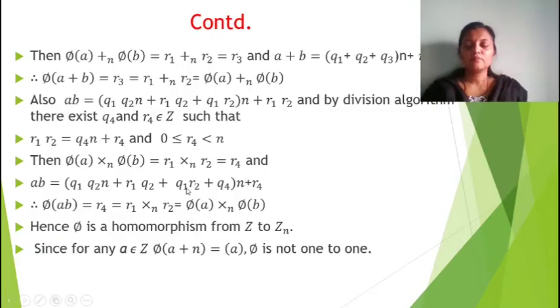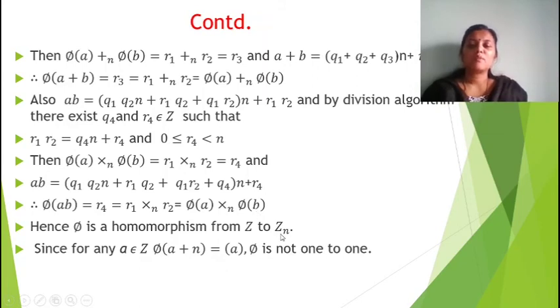Therefore phi of ab, when ab is divided by n, the remainder is equal to r4, which is equal to r1 multiplication modulo n r2, which is equal to phi of a multiplication modulo n phi of b. Hence in this step we have shown that phi satisfies the first condition of the homomorphism property. Here in the second step we have shown that phi satisfies the homomorphism property with respect to multiplication.